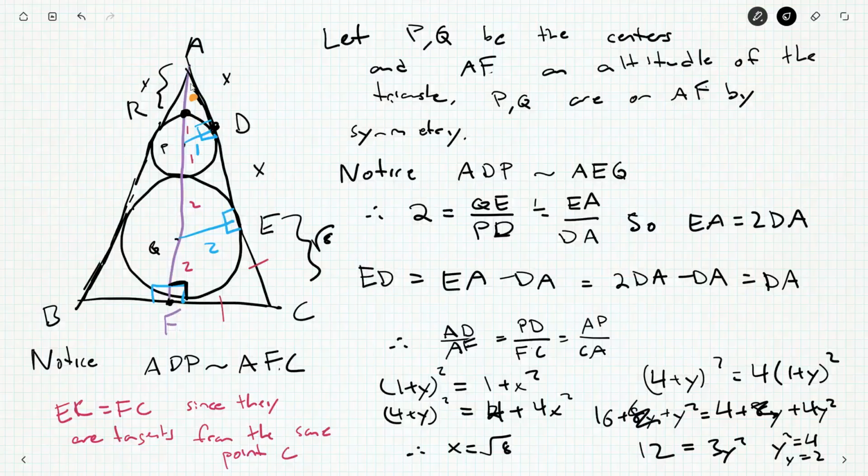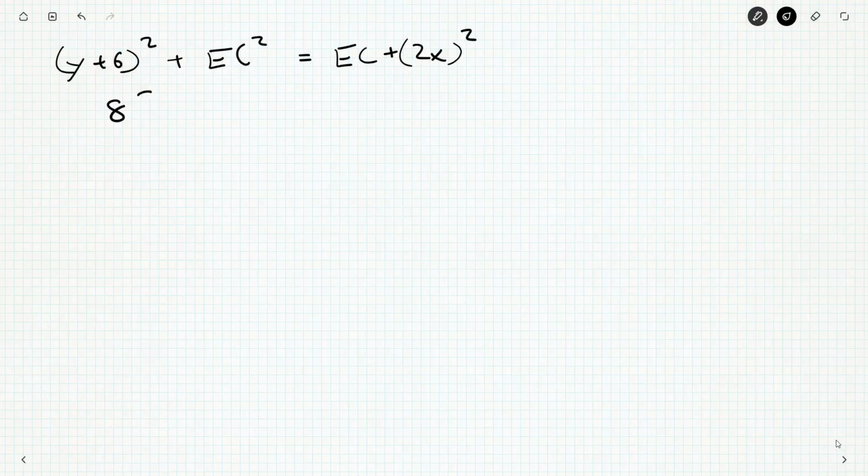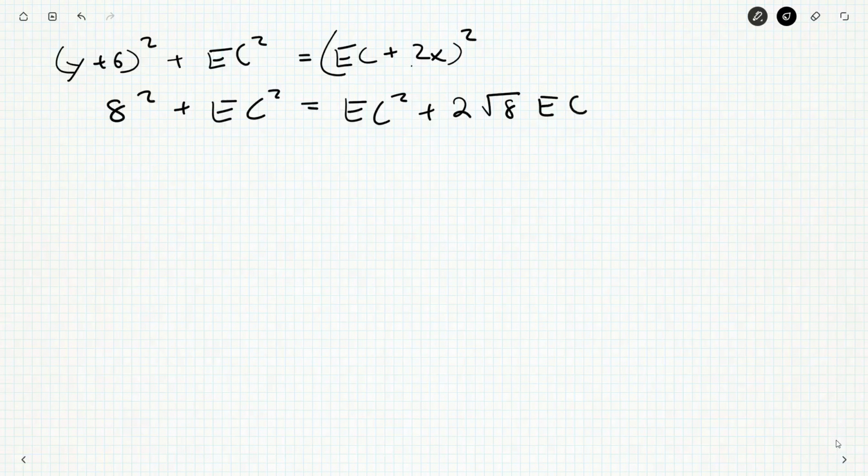Alright, well, we know that it's Y plus 6. Y plus 6 squared plus EC squared is equal to EC plus 2X squared. But then that's 8 squared plus EC squared is EC squared plus 2X, where X is root 8, so 2 root 8 EC plus 4X squared, but X again is root 8, so this is just 4 times 8.